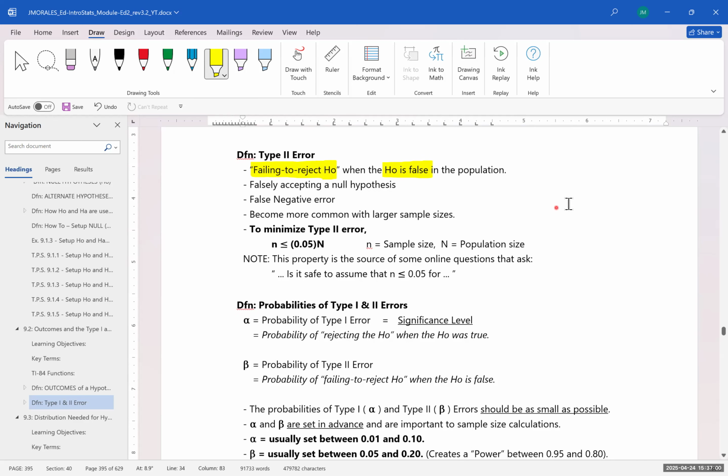Now, in order to minimize type 2 errors, you want your sample size to be less than or equal to 5% of the population size.